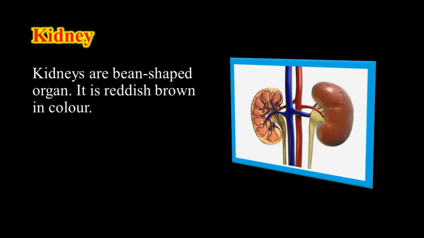And now let us understand about the kidney in detail. Kidneys are small bean-shaped organs which are reddish brown in color and they work like filters.